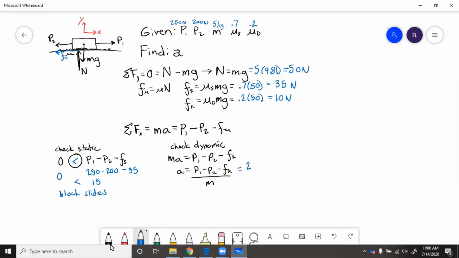We get 250 minus 200 minus kinetic friction force, which was 10, over 5, which equals 8. So acceleration is 8 meters per second squared. And since this is a vector, we can specify direction. Well, we know it's moving in the positive x, so it's to the right.